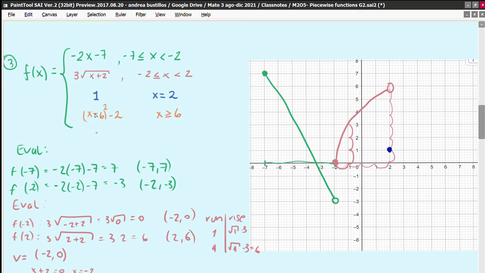Lastly, I have a quadratic function for when x equals 6 or bigger. So for that, first off, I'm going to evaluate my orange function in this point. So f of 6 equals 6 minus 6 squared minus 2.